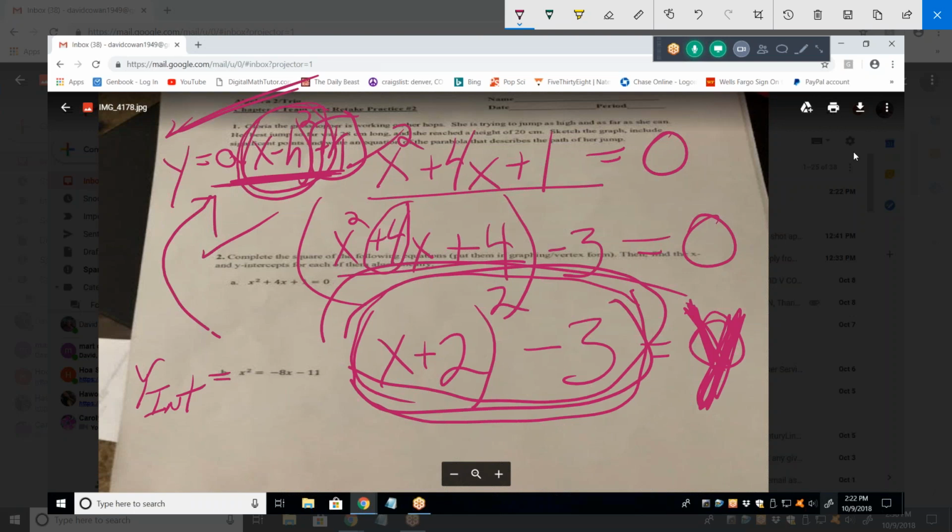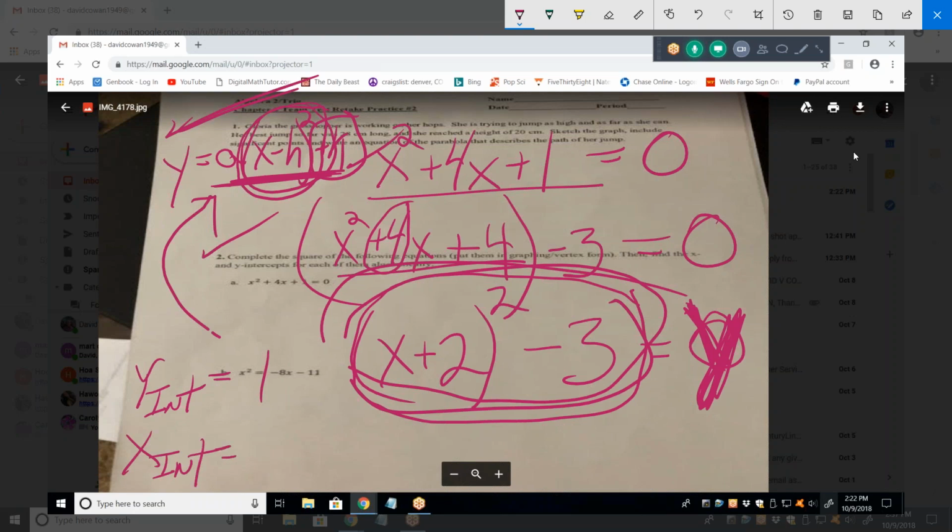And what do you get for y? You would get 4 minus 3. You get positive 1. Now the x-intercept is where y equals 0.